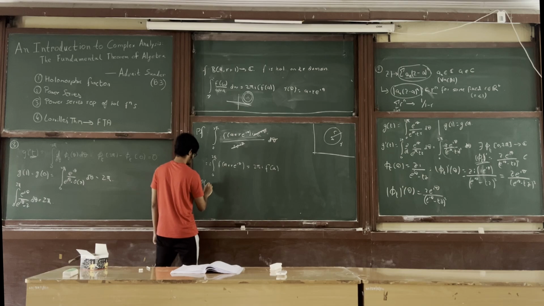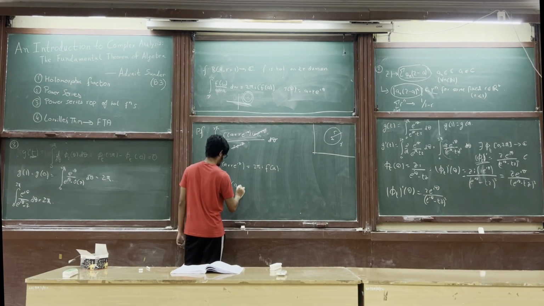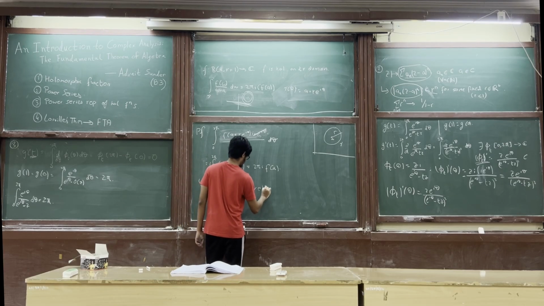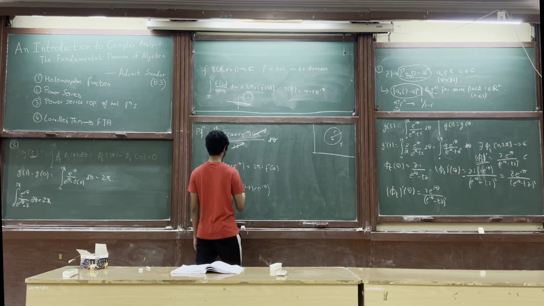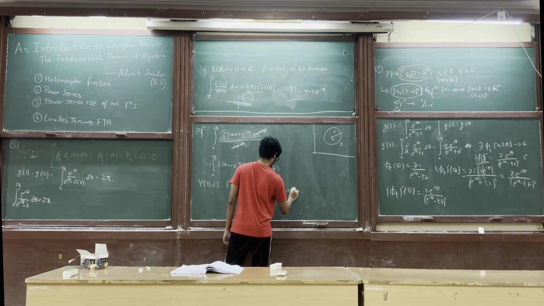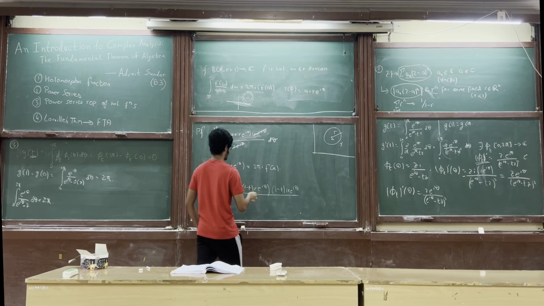So you just look at phi of theta comma t, again, to be f of a plus 1 minus t r e power I theta, right, times its theta derivative, which is just 1 minus t I r e power I theta upon the difference of w and a.